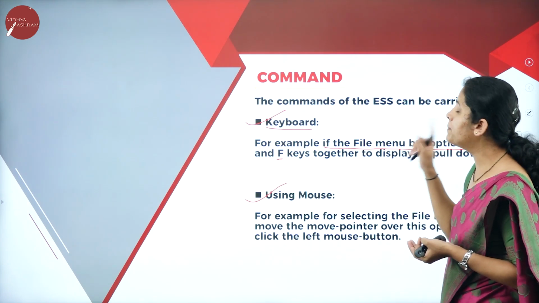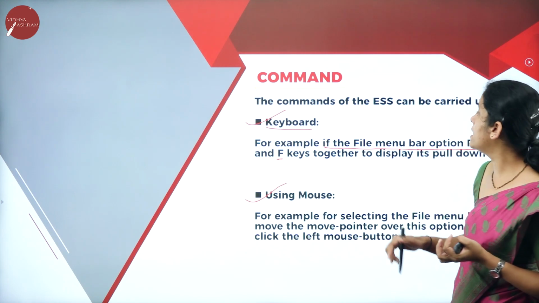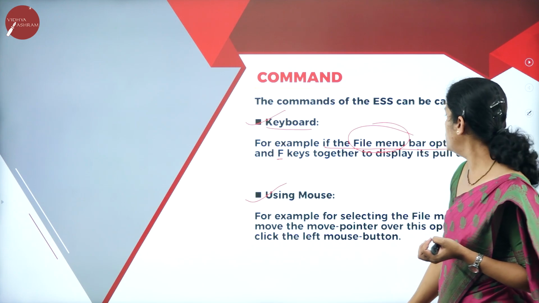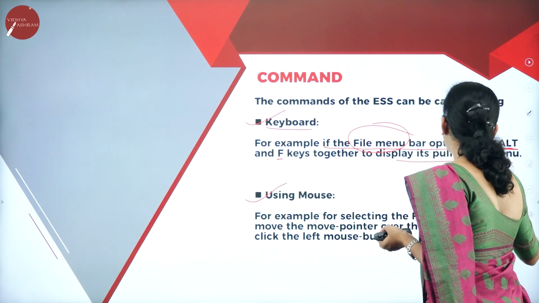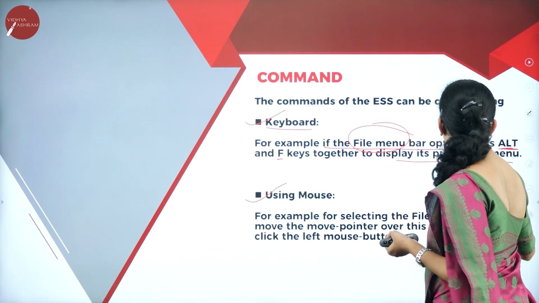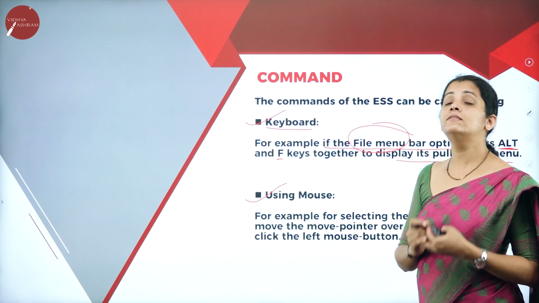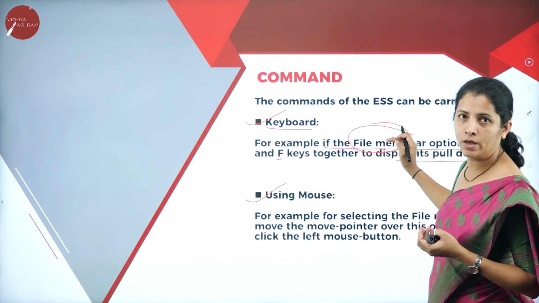When I press the Alt key and F key together, I get the File menu, and it pulls down the menu. That means it displays all the options of the File menu.